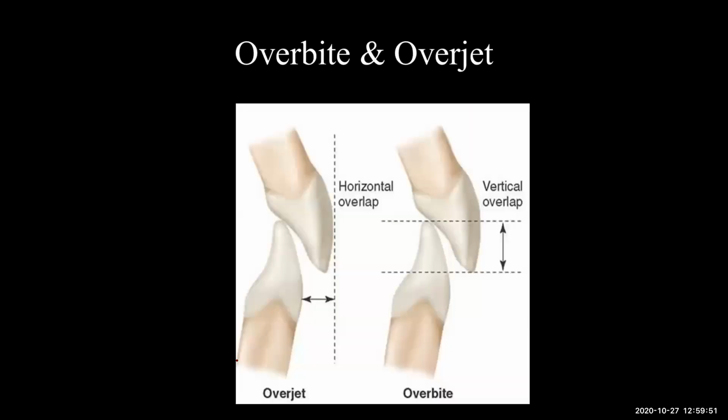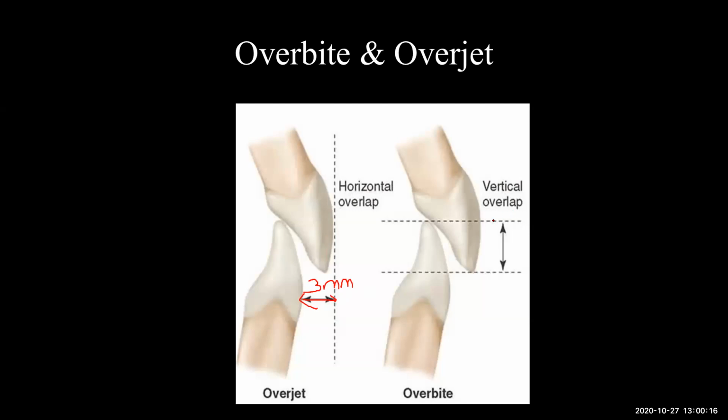Classic class 1 occlusion. Overbite and overjet, you are measuring. So for overjet, you have your probe and you're measuring it here and here and making a millimeter. So this might be 3 millimeters and you're writing down the millimeters.